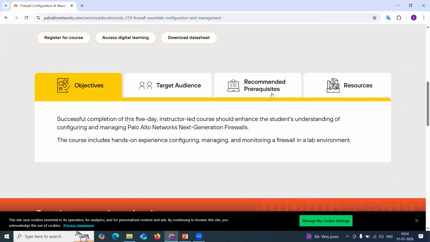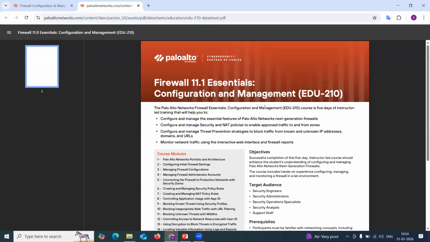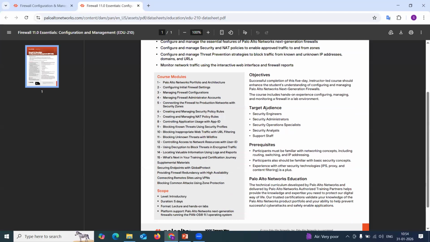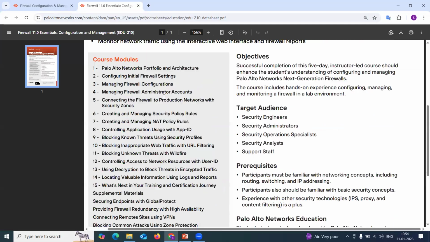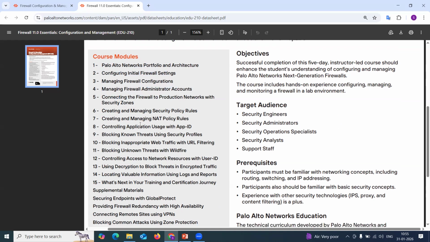now here you see the EDU 210 datasheet. If you download, you will see they are asking you to know very small stuff: Palo Alto Networks portfolio, architecture, initial configuration of a firewall, managing firewall configurations, administrator accounts, and so on. These are the things that they want you to understand.